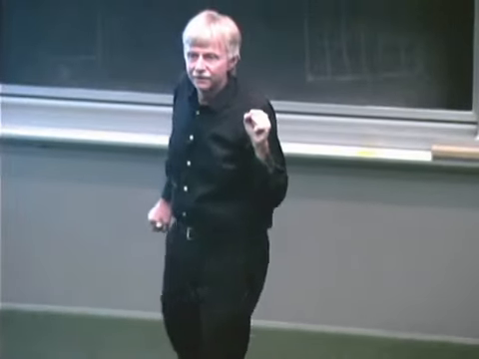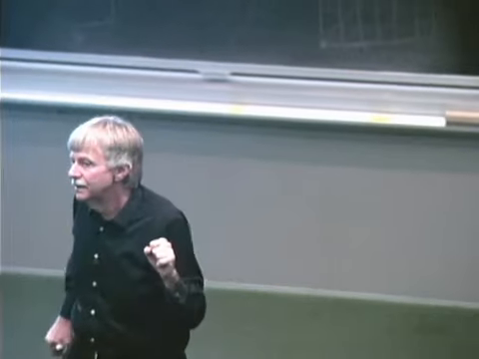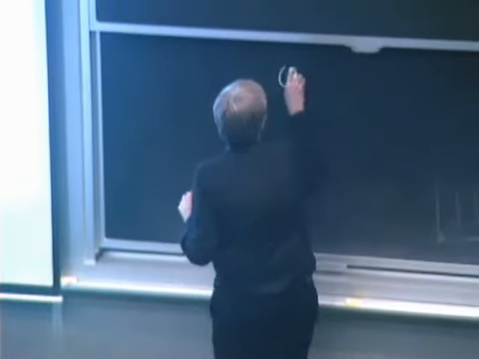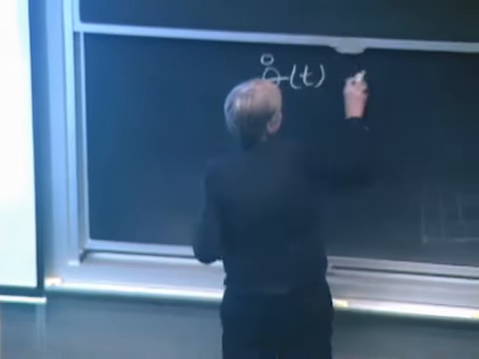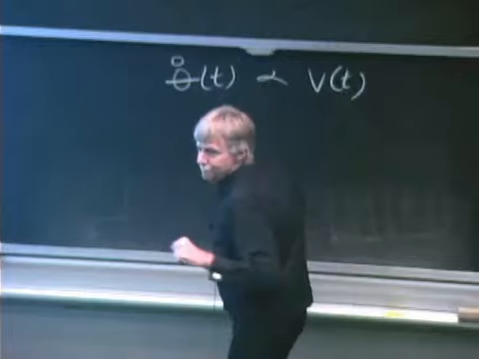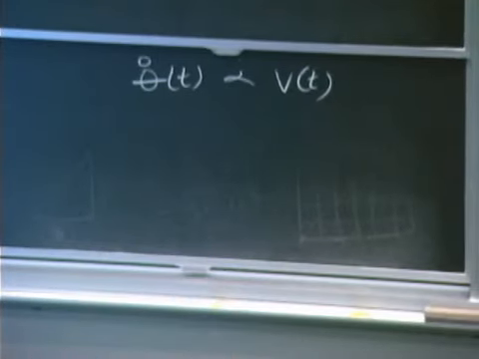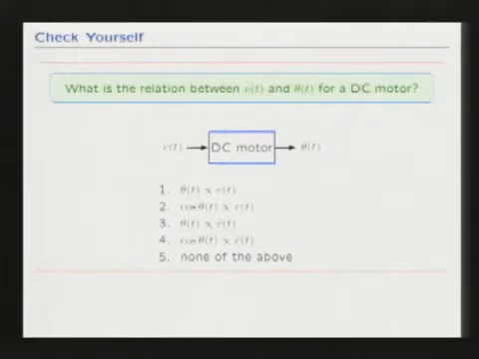So how do I get angular velocity from the angle, theta of t? Take the derivative, yes. So what I want is that theta dot is proportional to V. Which of those relationships say that? None of them. It was a trick question, of course.